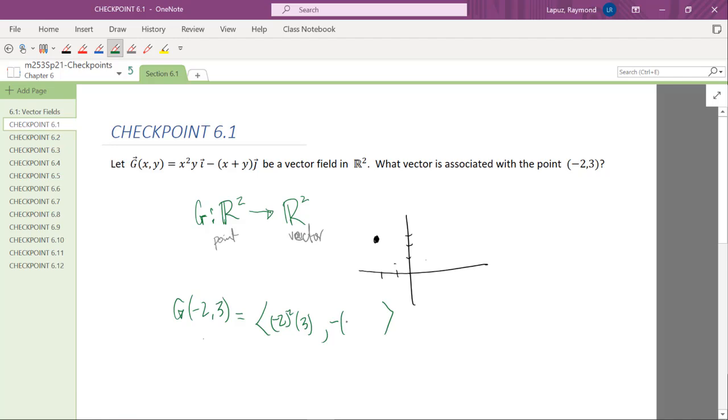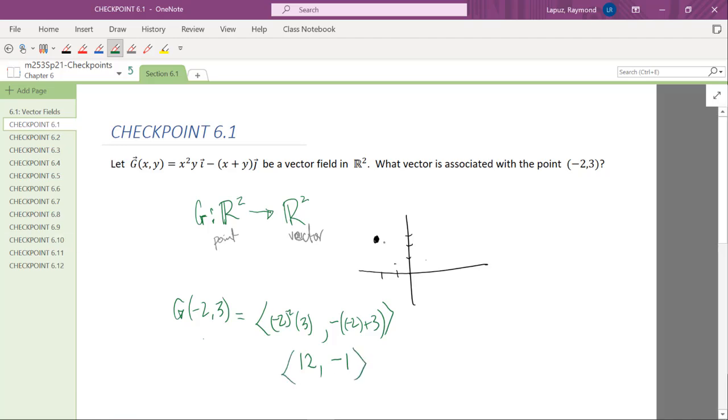And then inside the x is -2 plus 3. So our first component will have a 4 times 3, which is 12. And our second component will have a -2 plus 3, that's a 1. And then a negative in front of that would make it a -1.